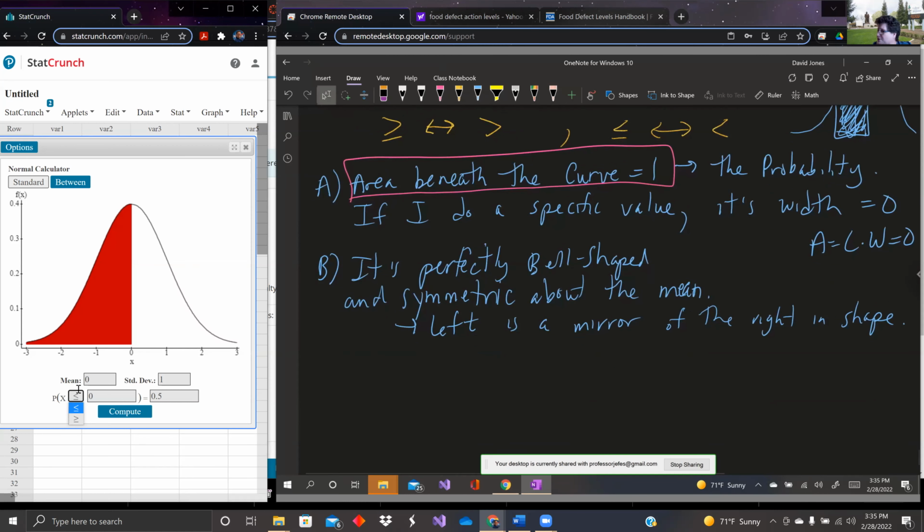And I said it's symmetric about the mean, but since it's perfectly bell-shaped, the mean is the same thing as the median or the mode.